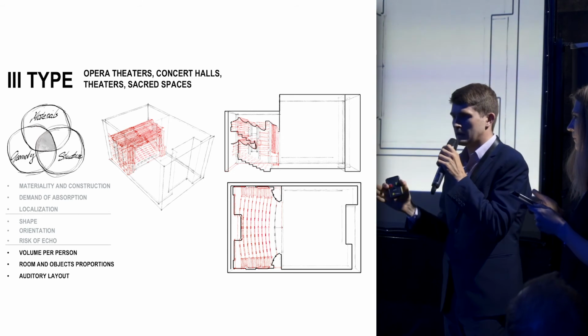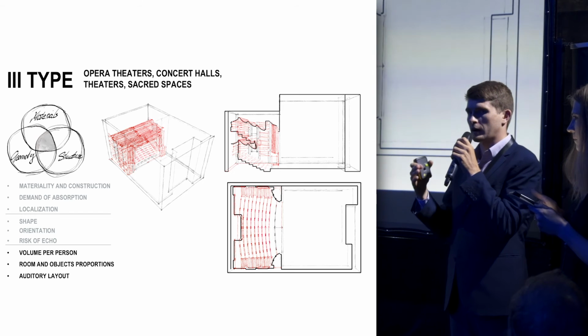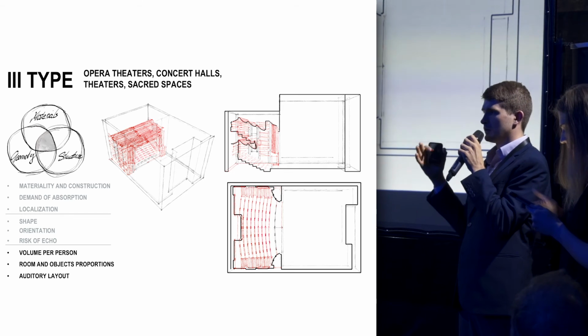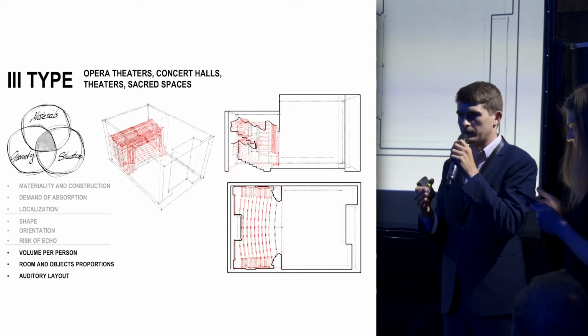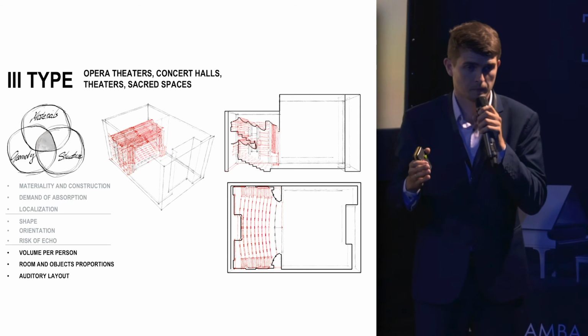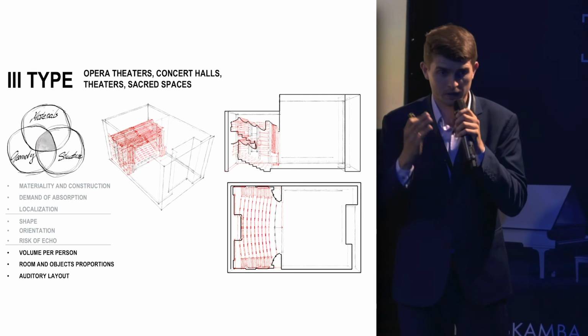Volume per person. Every type of room has its own requirement for volume. For example, if we have a theater, we need about 4-5 cubic meters per person.